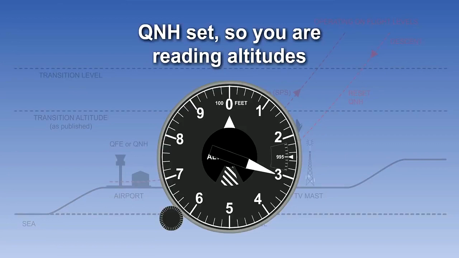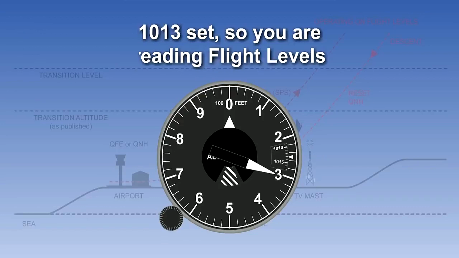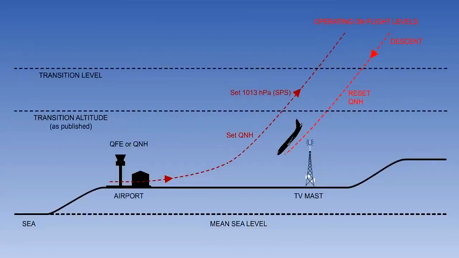Let us assume that we have conducted the main part of our flight above the transition altitude and have been using flight levels. We now wish to descend. At some point, we must set QNH again. This point is called transition level, and just as transition altitude was used only for the climb, transition level is used only for the descent.